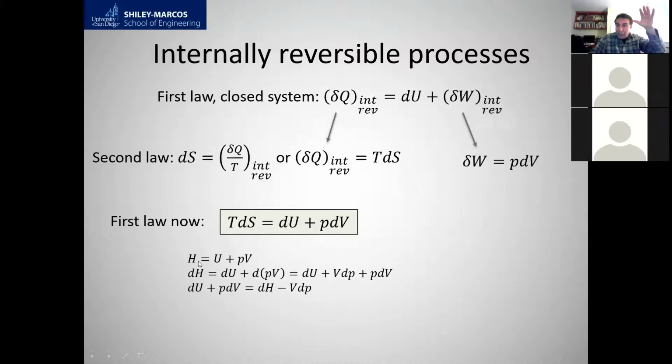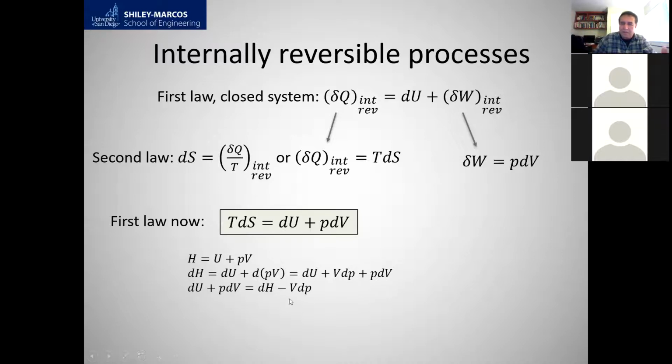H, capital H, total enthalpy, equals total internal energy by definition plus the work, and work is PV. So the change in enthalpy equals the change in internal energy plus the change of PV for the work, V dP plus P dV, like the product rule in derivatives.